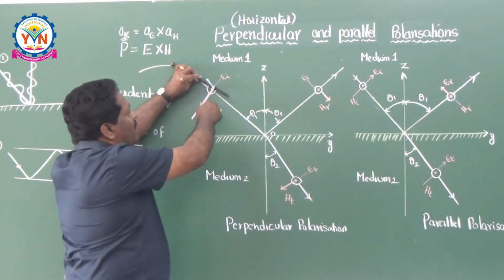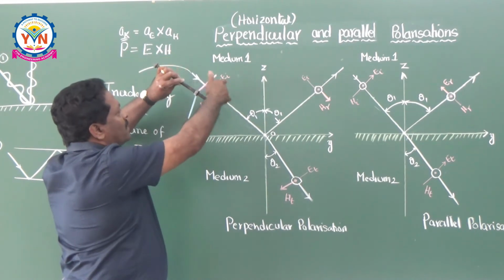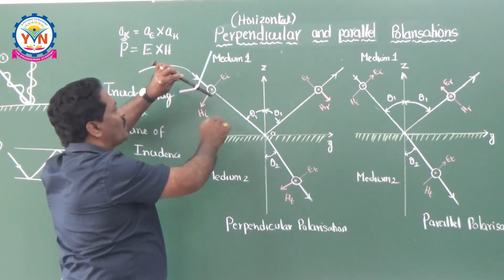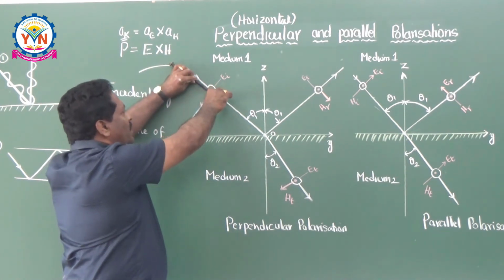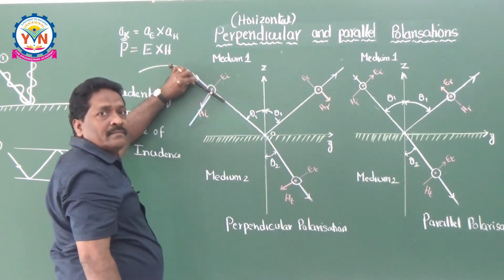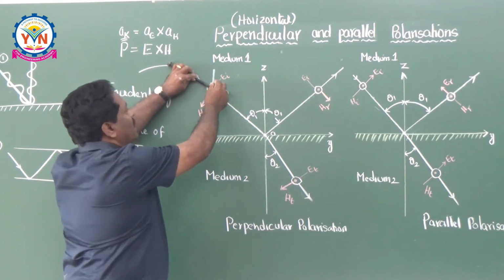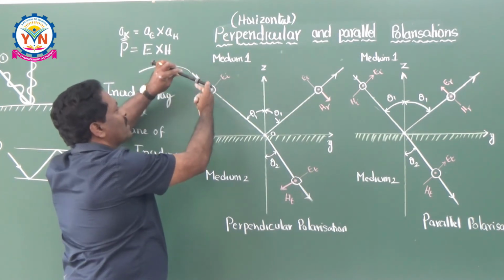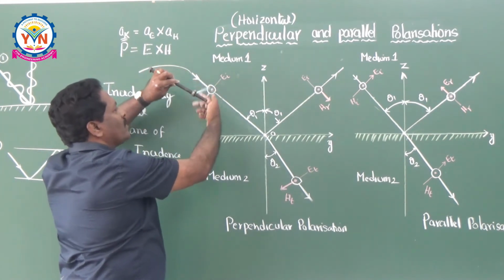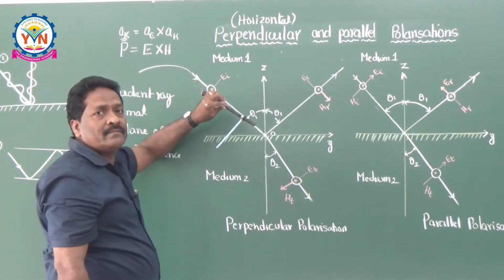Now E is crossing H. If you are rotating like this, if you observe closely, it is actually in this direction. So the wave is coming in this direction. So you can say that this is the electric field and this is crossing H like this. Whenever it is crossing H like this, the wave is going in this direction. This is called the incident wave.